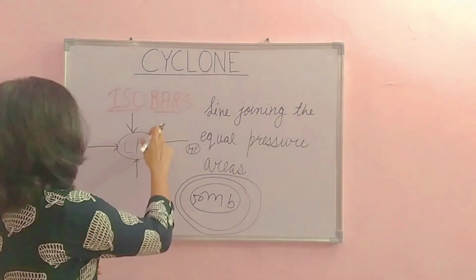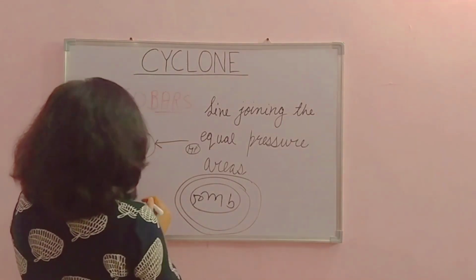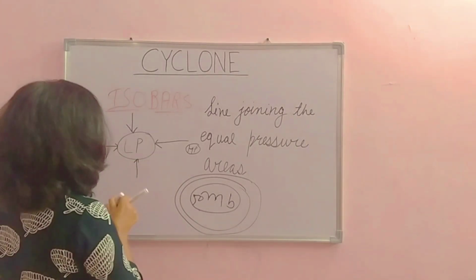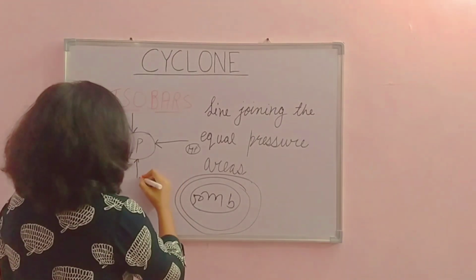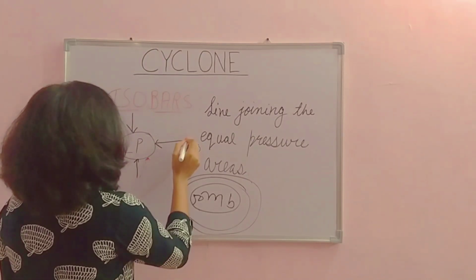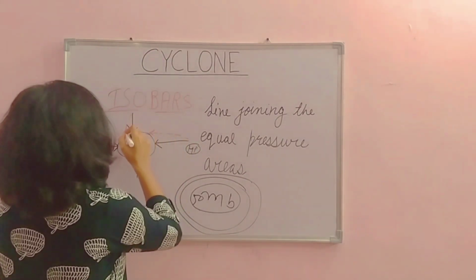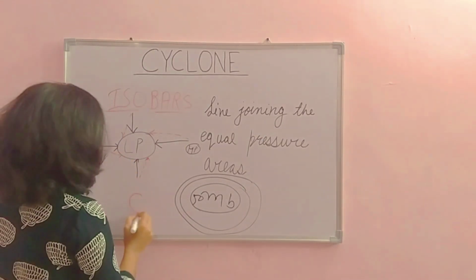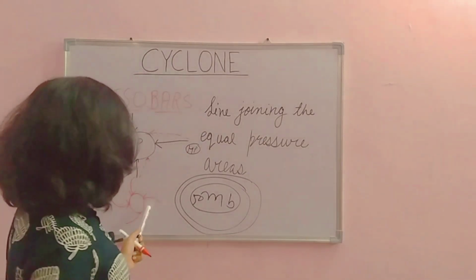So what is happening in the northern hemisphere? When the wind is moving from high pressure to low pressure area, it is moving to its right. That means it is moving in such a direction. So what will be the final wind movement? It will look like this.